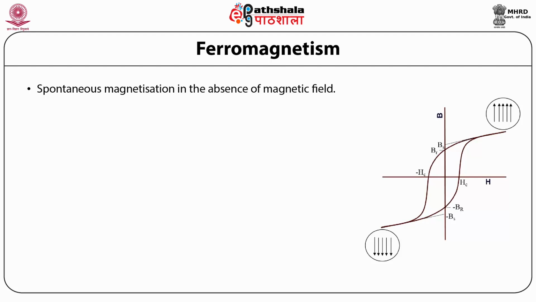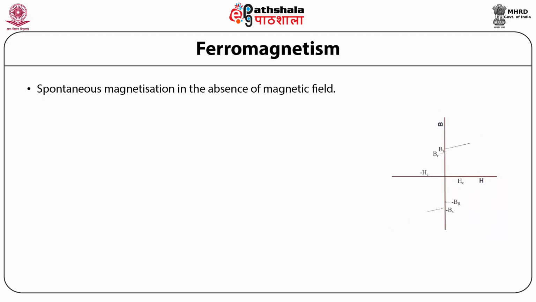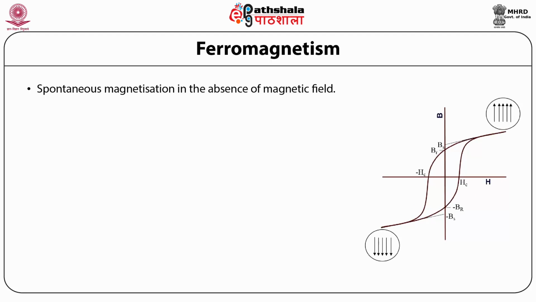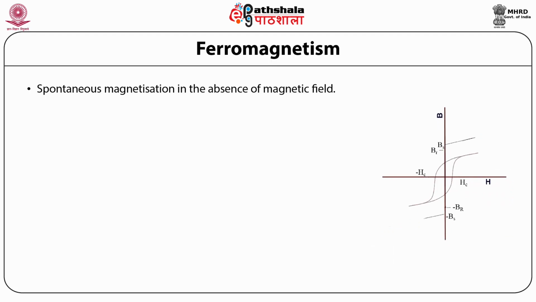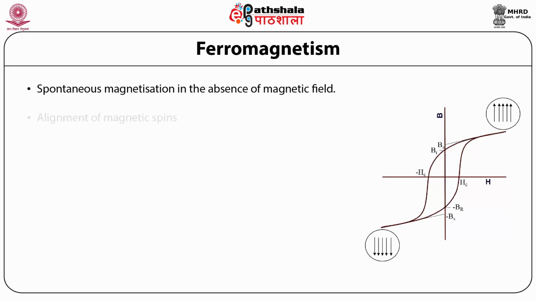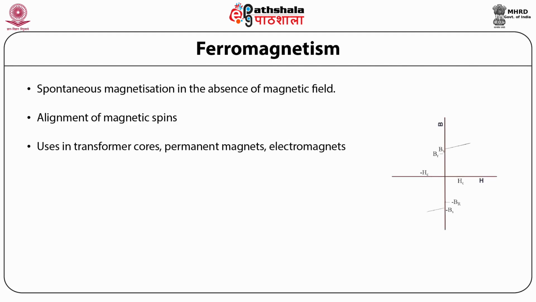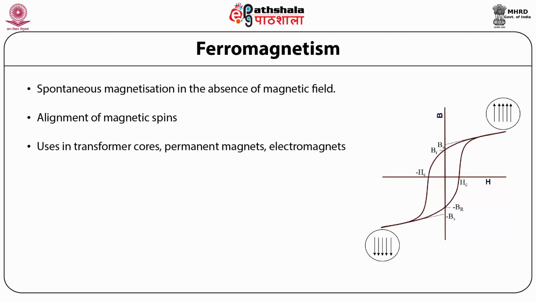As we can see from this B versus H curve, the saturation magnetization Bs corresponds to the alignment of magnetic spins parallel to each other, whereas minus Bs corresponds to those in the opposite direction. Ferromagnetism is used in transformer cores, permanent magnets and electromagnets.